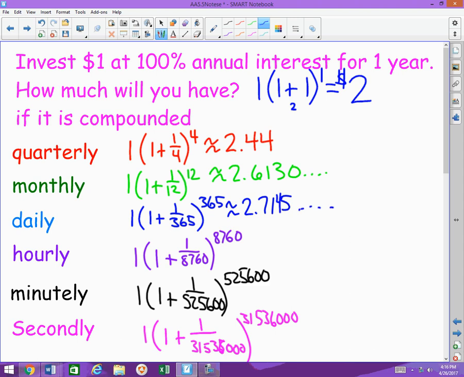For hourly, it would be 2.718126 and change after that. For minutely, it is going to be 2.71827 and more after that.